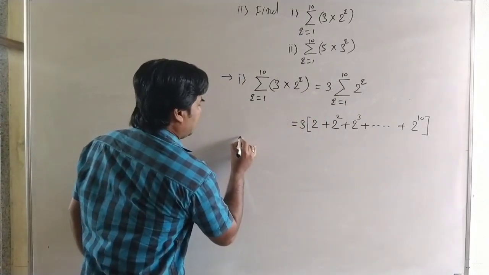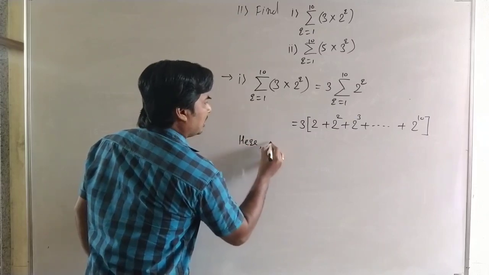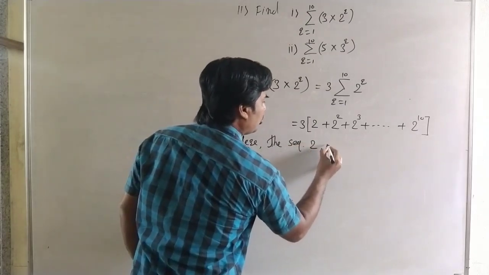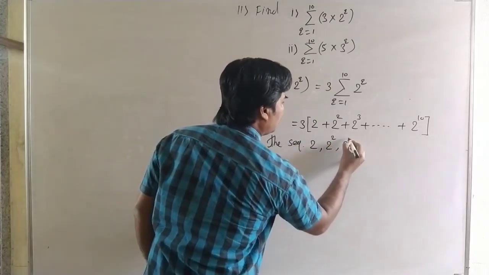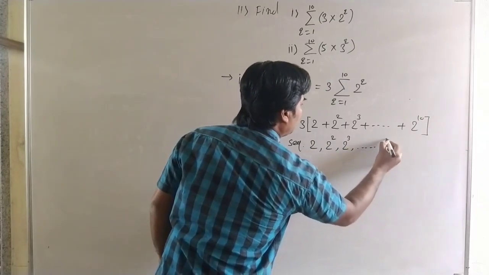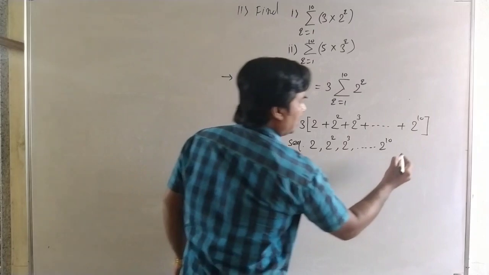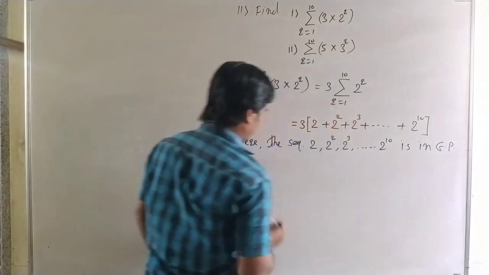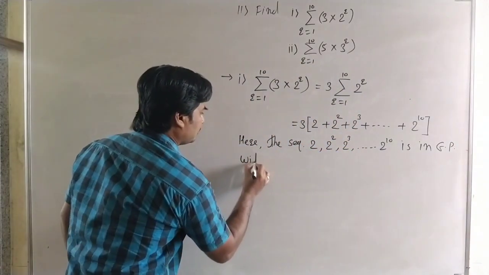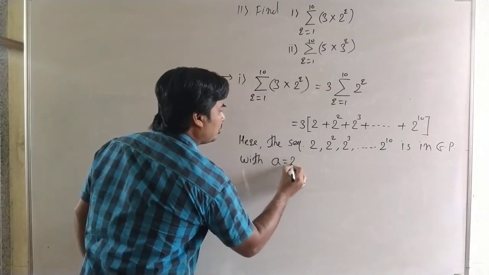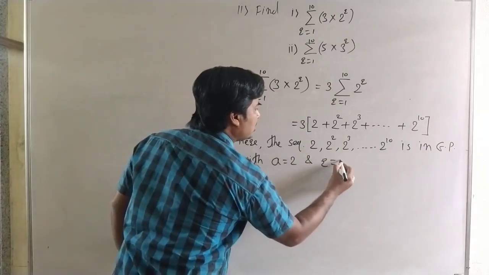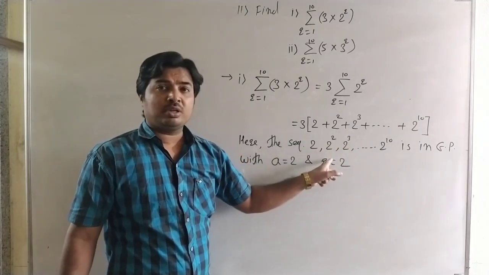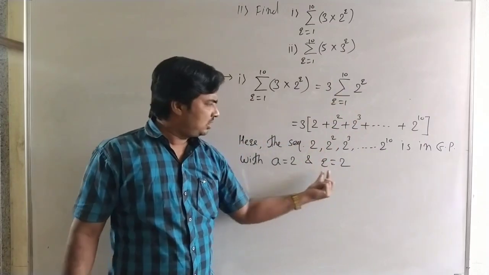Now here the sequence 2 comma 2 to the power 2 comma 2 to the power 3 up to 2 to the power 10, see carefully, is in geometric progression with first term 2 and common ratio also 2. 2 square upon 2, 2 cube upon 2 square, 2 to the power 4 upon 2 cube, the common ratio is 2.